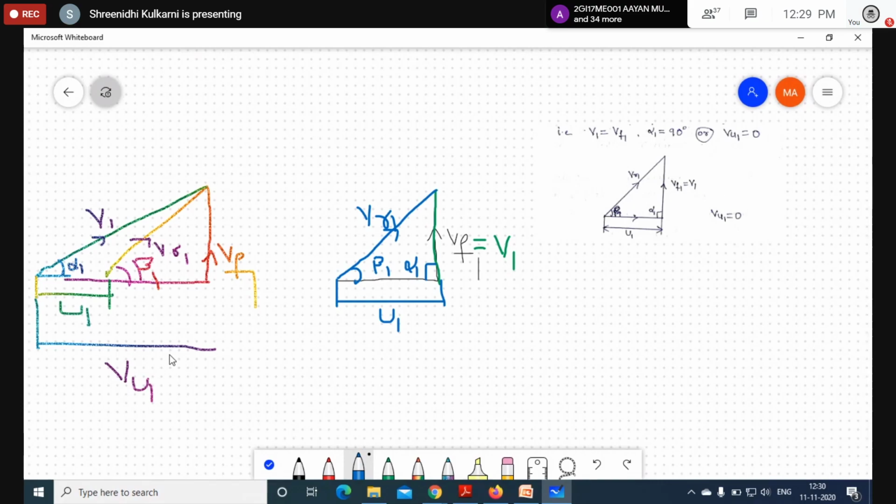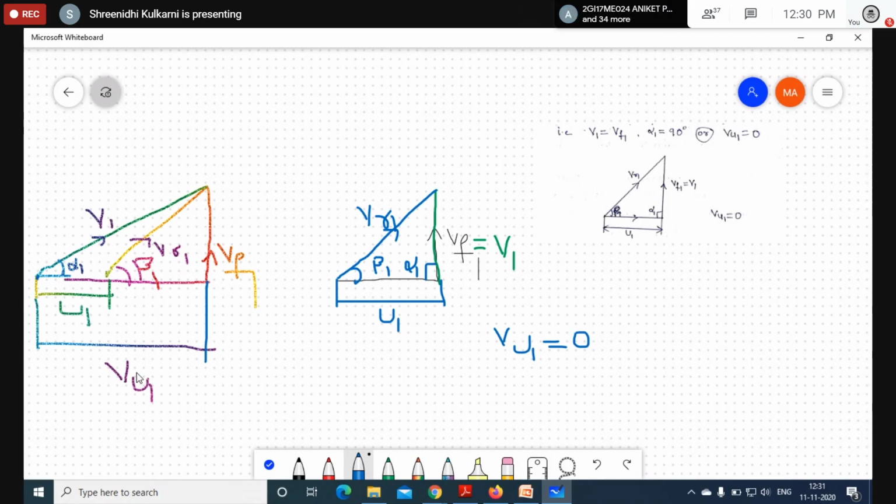So for VU1 there is an any value. Here I have already written VU1 is equal to 0. Why is it 0? Let me draw it here. VU1 is equal to 0 because, from this distance up to this distance, the absolute velocity V1 is falling on VF1. If the absolute velocity is falling on VF1, there is no whirl.